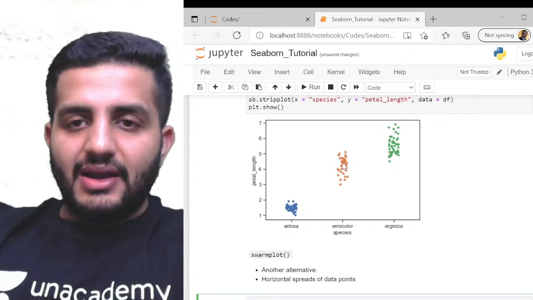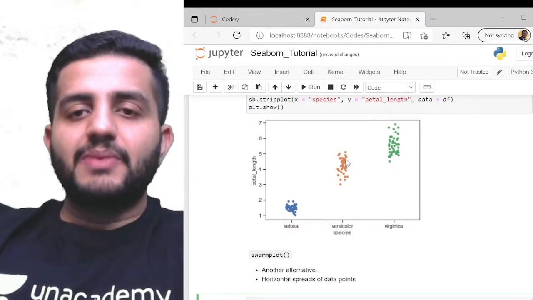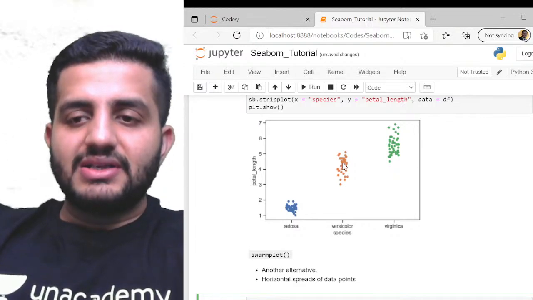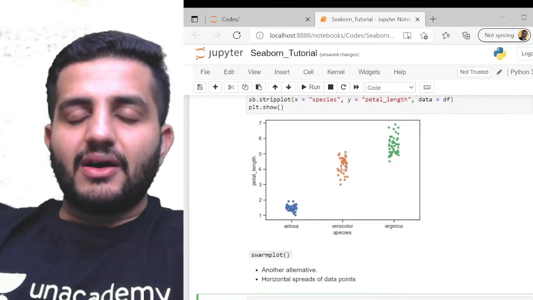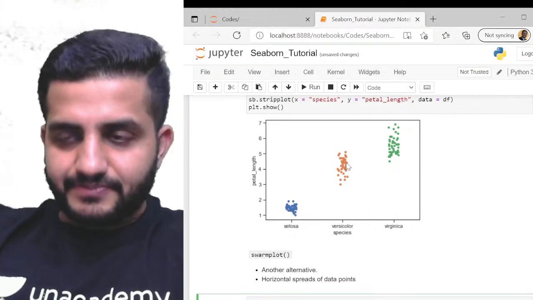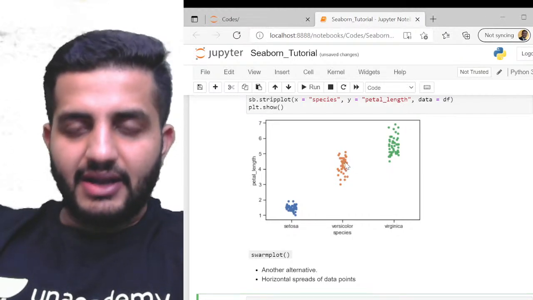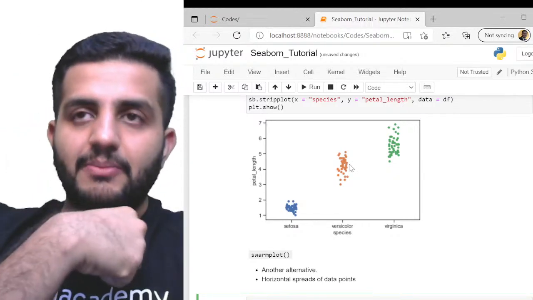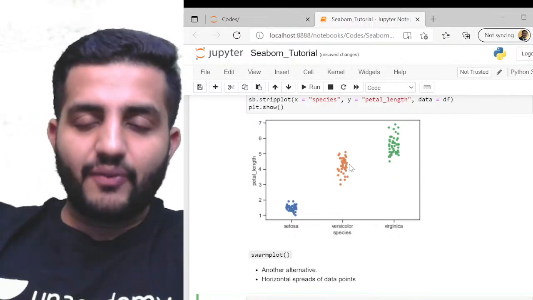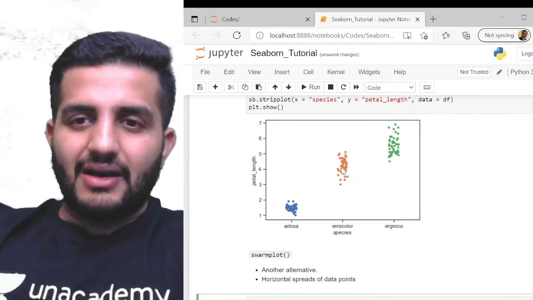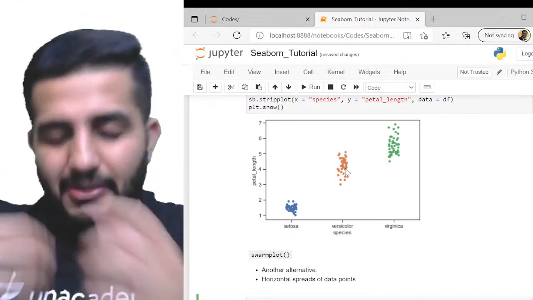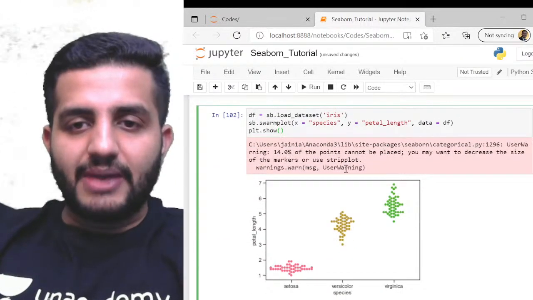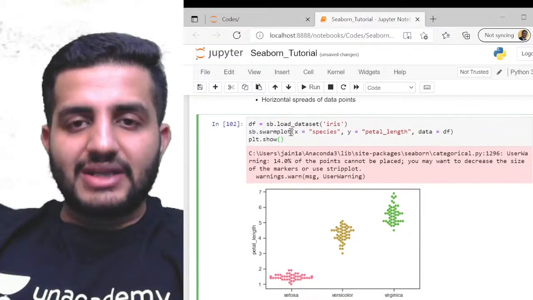In this region you have multiple dots, a more concentrated region, and I do not know the number of observations or the density. If I want to find out how many observations are here, the alternative to my strip plot is the swarm plot.